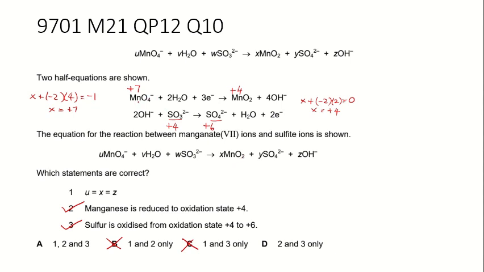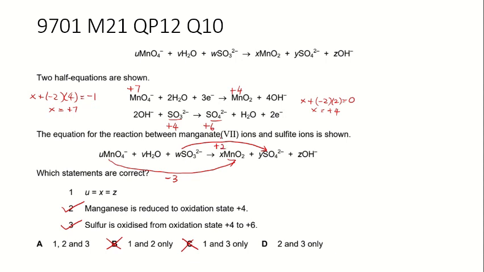So from manganate ion to manganese oxide, oxidation number changes from plus 7 to plus 4. So the change is minus 3. Plus 7 minus 3, you get plus 4. Whereas for sulfite to sulfate, oxidation number increases by 2.